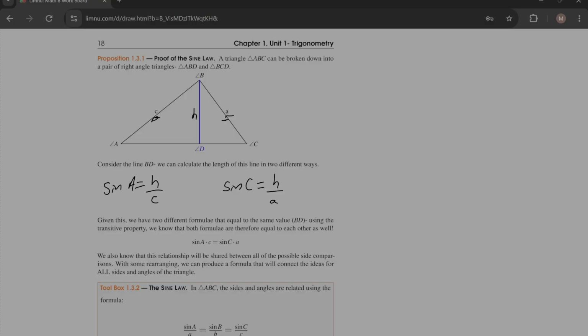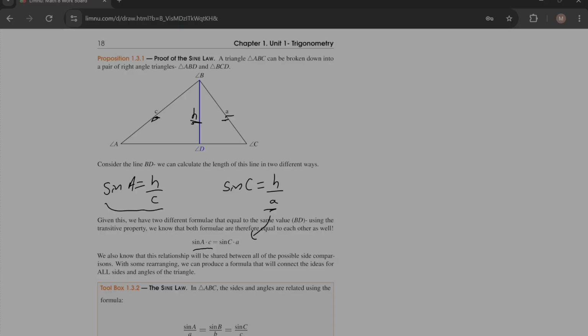And since I have this same measurement H in both of my equations, I'm going to show, when I rearrange them, that they can be equal to each other. So if I multiply both sides by c in my left equation, I get sine A times c. And if I multiply both sides by a in my right equation, I get sine C times a.